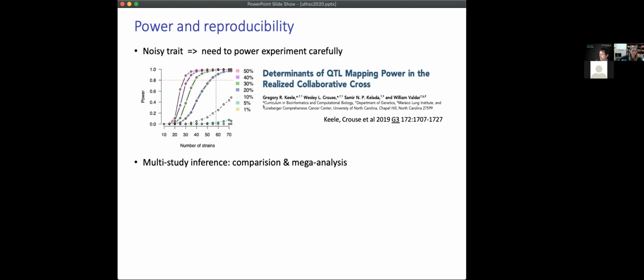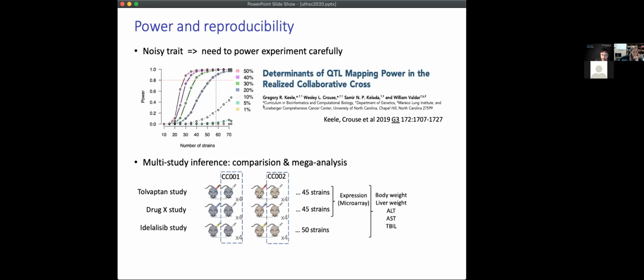One of the other interesting things to come out of the drug liver injury studies is the ability to use the shared controls for a rigor and reproducibility study. In each of these drug studies, we collect control mice, and what they go through is not exactly the same between the studies, but it's still fairly similar.